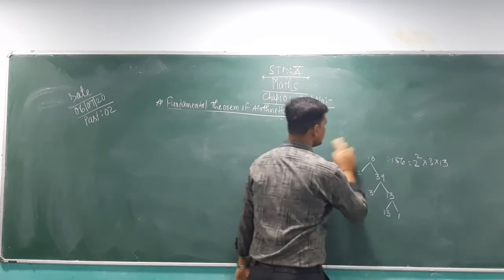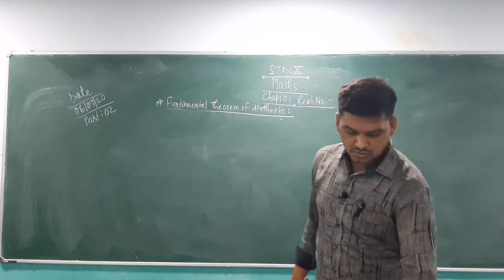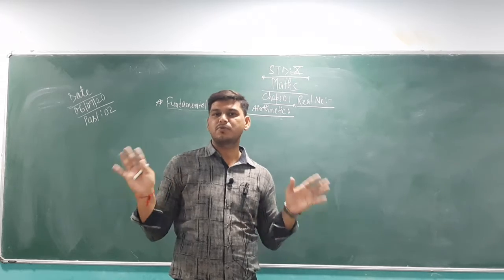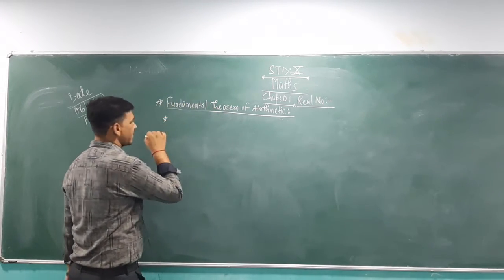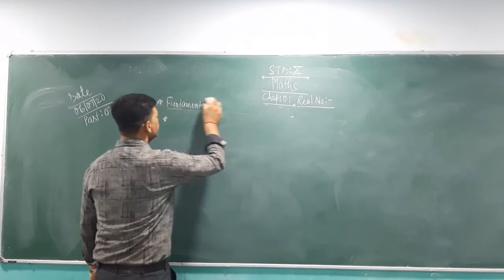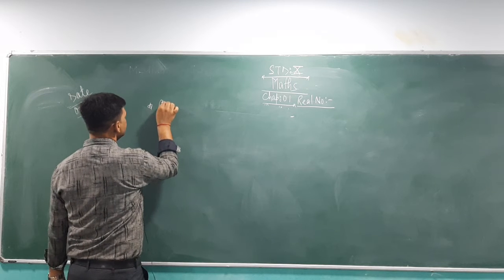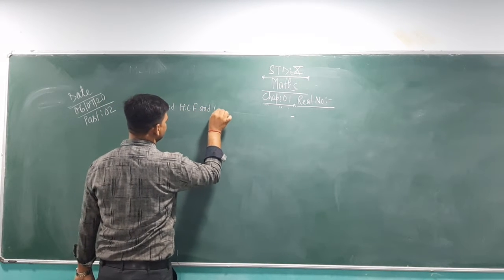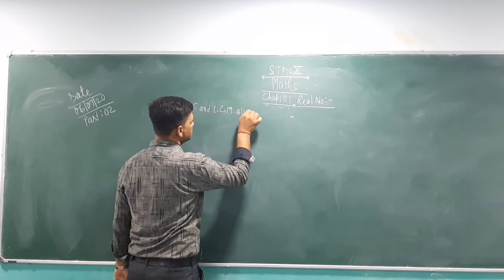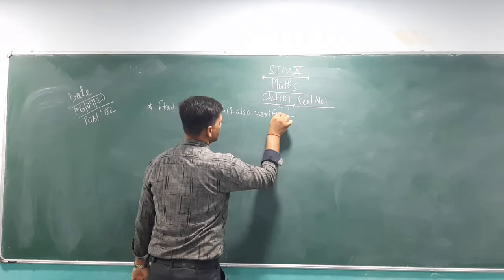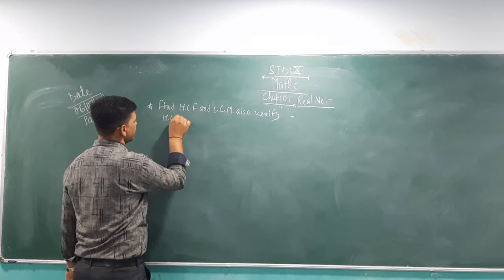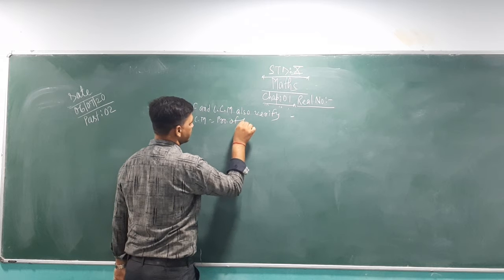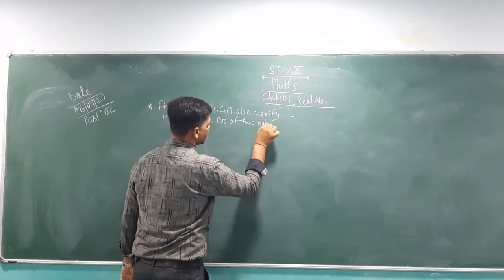I'll just find the HCF and LCM. You find the HCF and LCM, and also we have to verify that HCF into LCM is equal to the product of the two numbers, right?